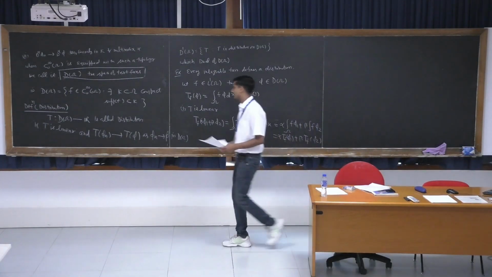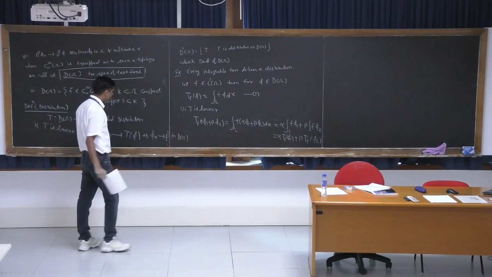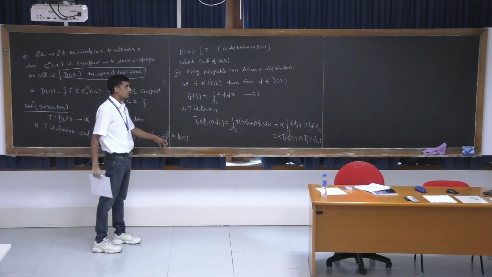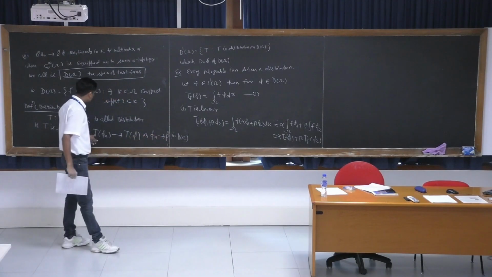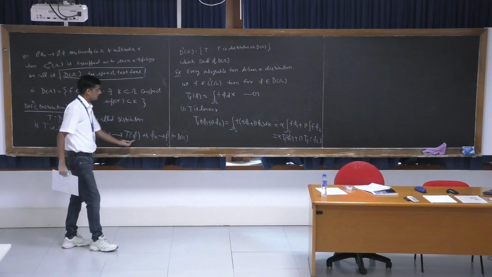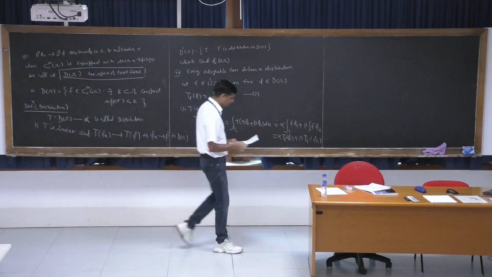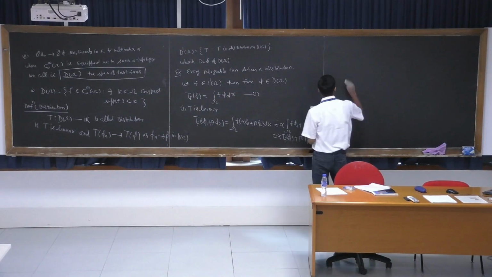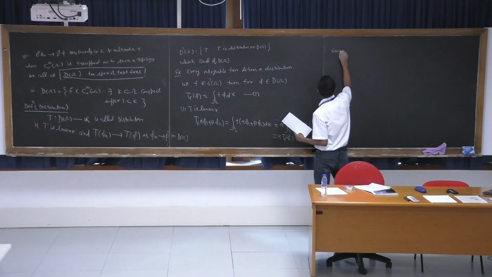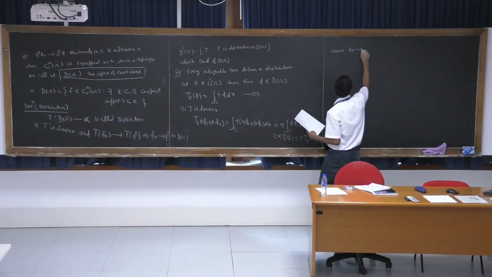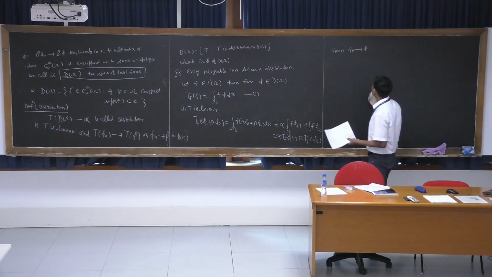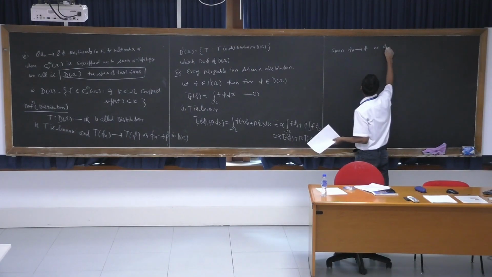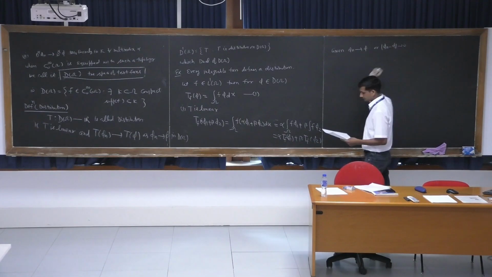Now the second thing you have to prove: if phi n converges to phi, then T f of phi n converges to T f of phi. You have to prove this also. So given is what? Given phi n converges to phi, which means phi n minus phi goes to 0.